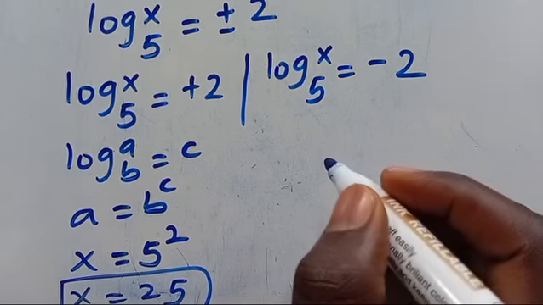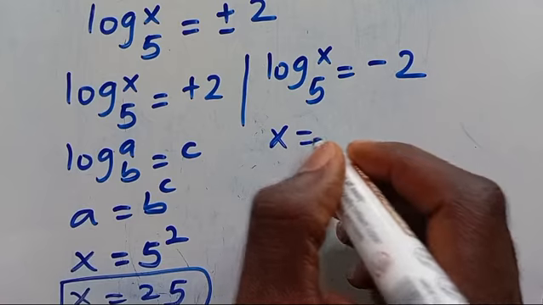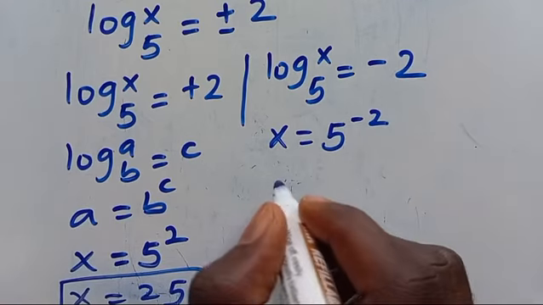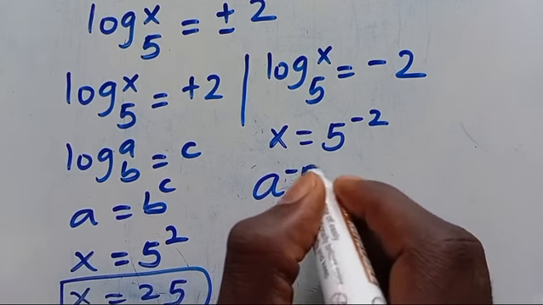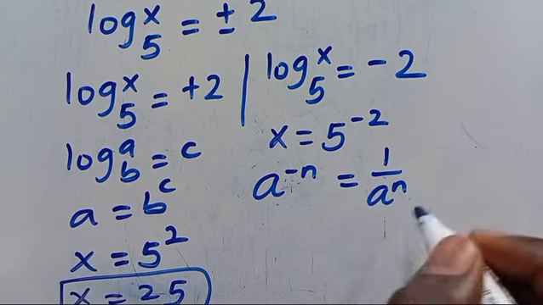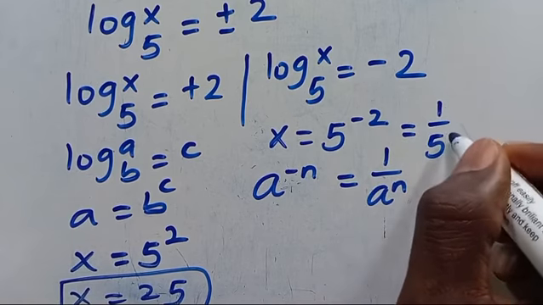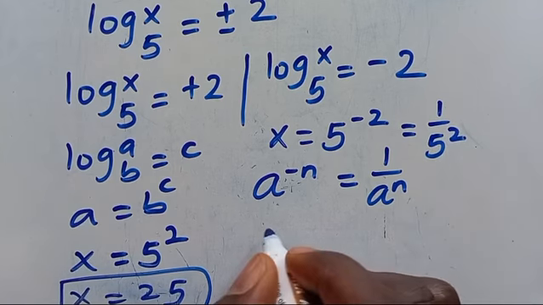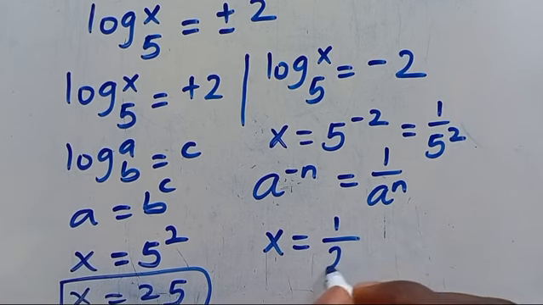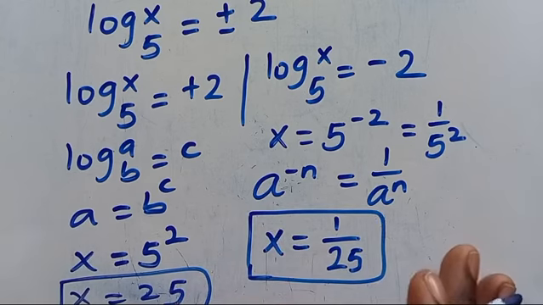That is the first solution. Likewise, for the other one, x equals 5 to the power of minus 2. Recall that a to the power of minus n equals 1 divided by a to the power of n. So here it will be 1 divided by 5 to the power of 2, and x equals 1 divided by 25. This is the second solution for the problem.